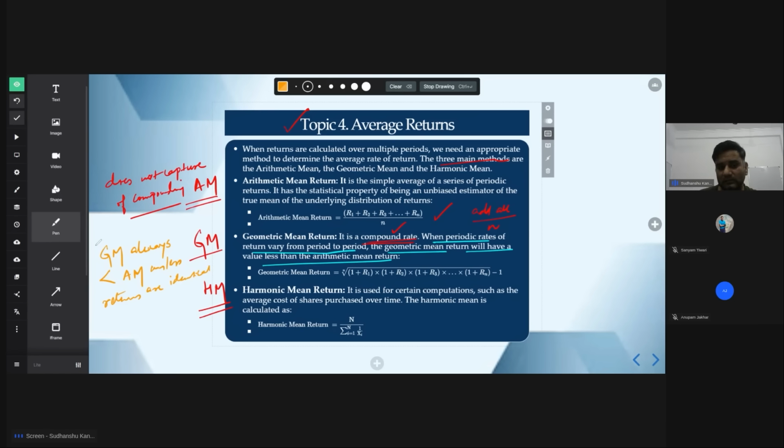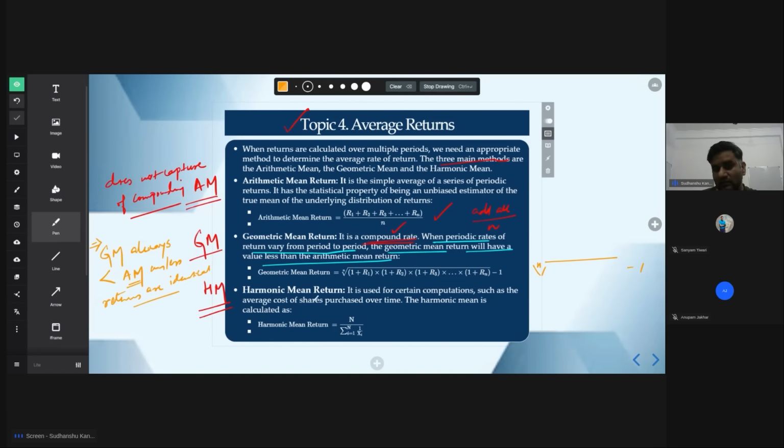This is a property, guys. The logic is the same. Basically, you are taking a root. You are multiplying all these, 1 plus r1, 1 plus r2, 1 plus r3. You are multiplying so many, and let's say there are 10 observations, so you're taking the 10th root, then minus 1, right? So the geometric return is always lesser than the arithmetic mean, unless it is equal, right?